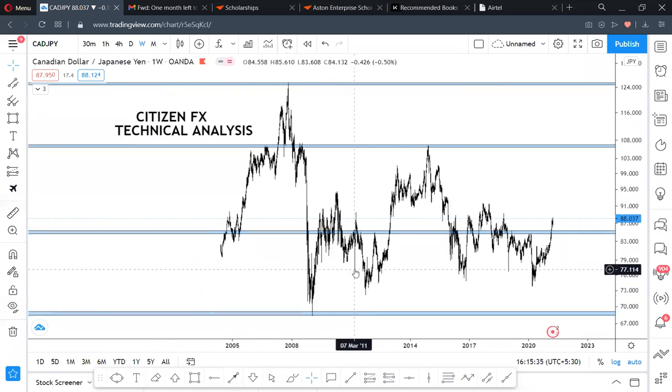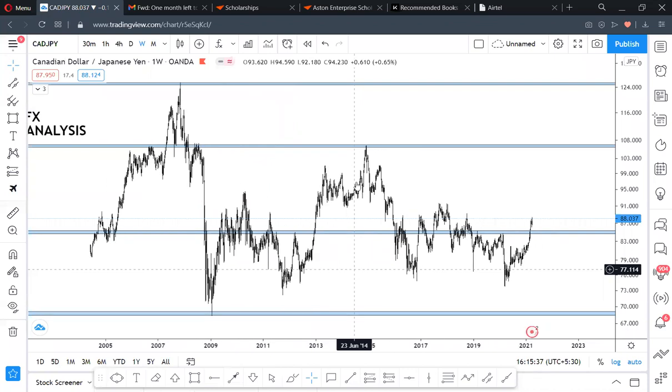So on the weekly, we could see this bearish run from this place, and currently we are also seeing this current run from March 2020, this bullish run, and you can see price taking out this lower high as well.